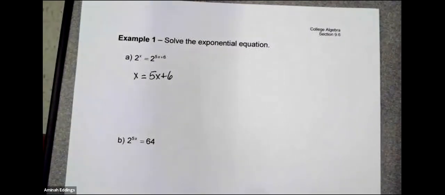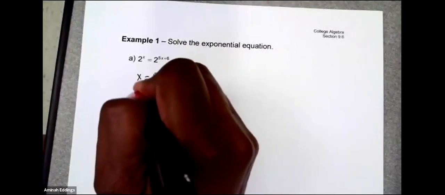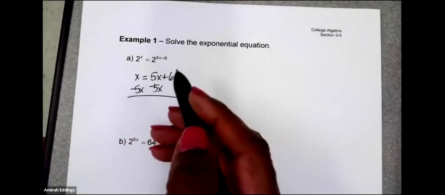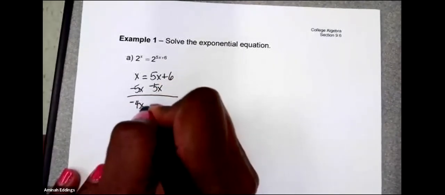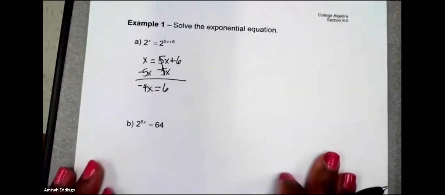Okay. And so if I want to solve this for x, then I can move what? My 5x by subtracting 5x from both sides. And so then 1x minus 5x is negative 4x is equal to 6.